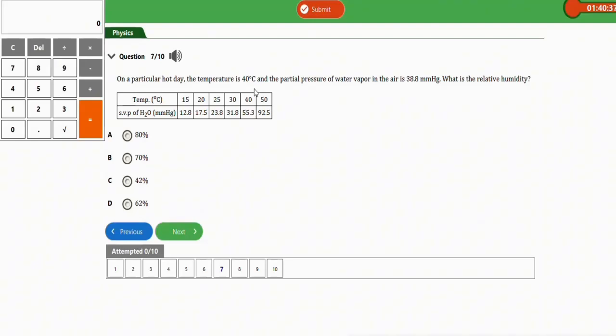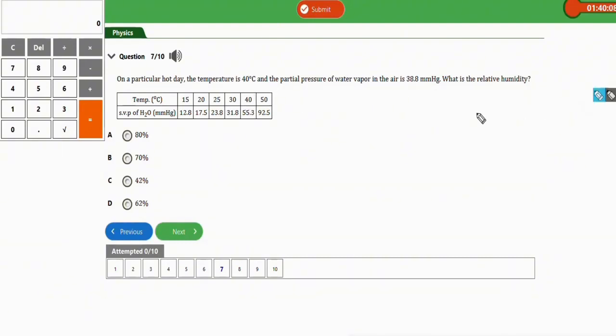Okay, now for this particular question, we still make use of saturated vapor pressure at dew point over saturated vapor pressure at room temperature times 100 over 1. So for this particular question, we are going for the relative humidity. The saturated vapor pressure at dew point will be 38.8 millimeter mercury.